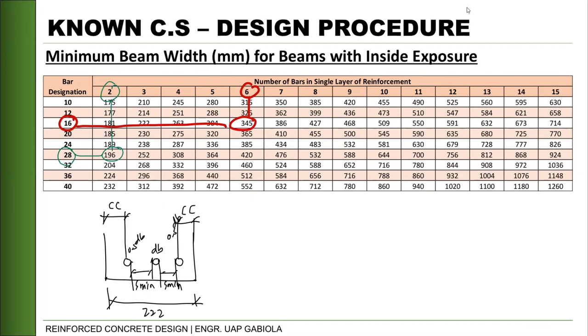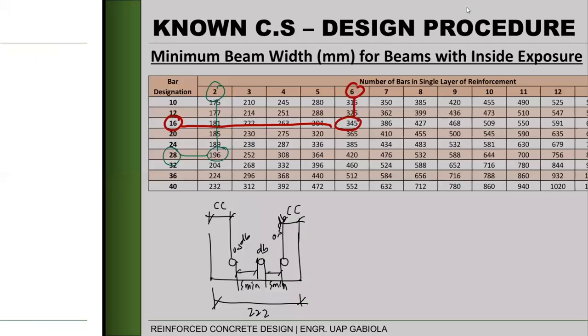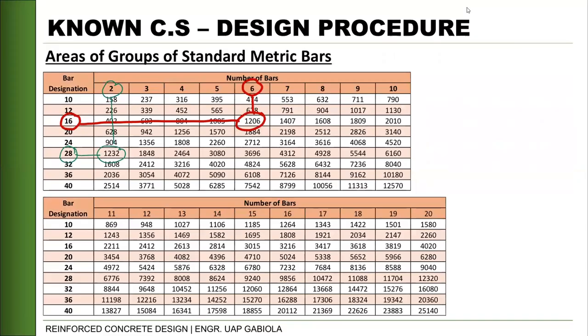But if you are the designer choosing the rebar diameter, you can go back to the price, if economy is the concern. Compare 6-16 versus 2-28. The price of steel is based on weight, in kilograms per meter or per ton.